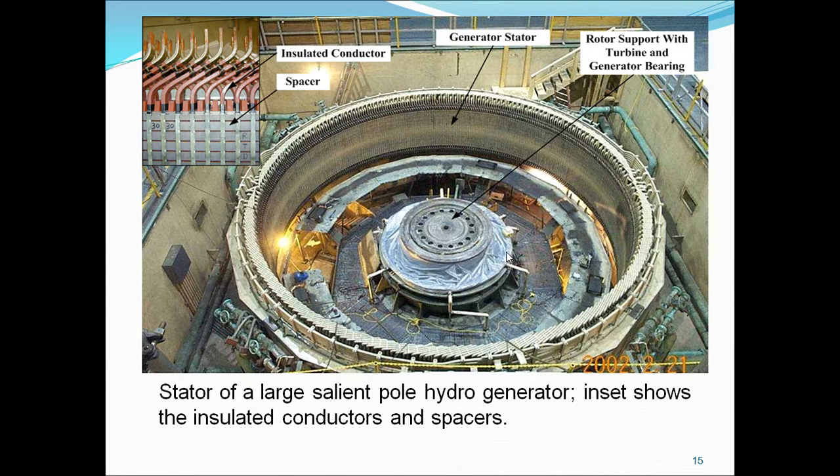It is the outermost part of the machine, made of cast iron or cast steel. Its main function is to give mechanical protection to the entire machine and to hold the core in a proper position. That is the purpose of the stator frame.